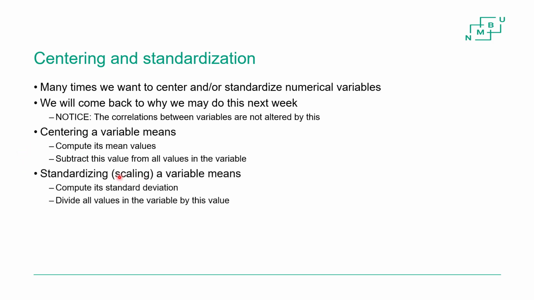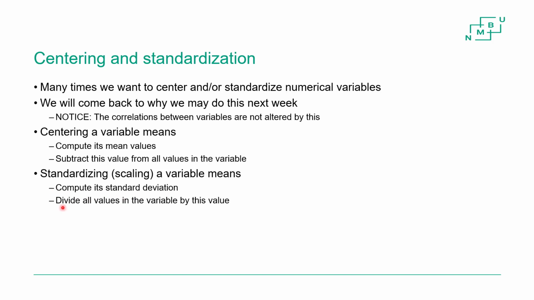Standardizing a variable is slightly different, but also quite similar in a sense. Compute the standard deviation of the column instead, and then divide all values by this standard deviation. So instead of subtracting, we divide.